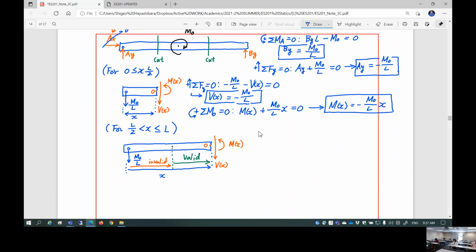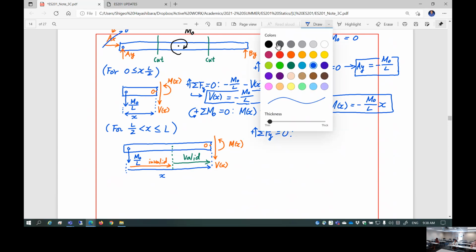Let's sum the forces in the Y direction. I have a question. Go ahead. Since we cut over there, wouldn't we have a moment M0 as a part of our diagram? If you actually use this segment, yes, you have to put an equal and opposite moment on this side, and equal and opposite shear on this side. I was talking about the moment applied to the beam from the beginning of the question.